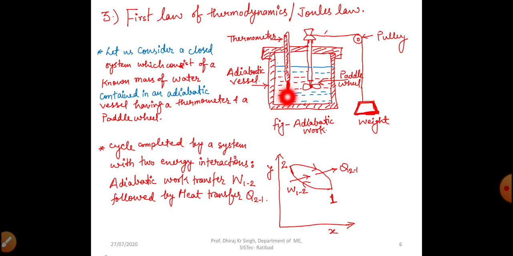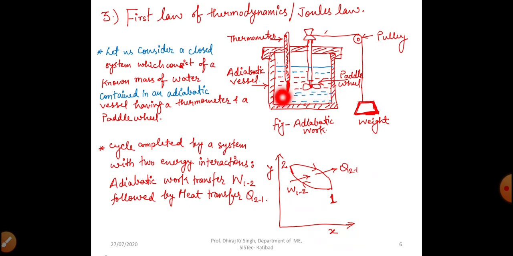The quantity of work can be measured by the fall of weight which drives the paddle wheel through a pulley. I am repeating once again, the quantity of work can be measured by the fall of weight which drives the paddle wheel through a pulley.